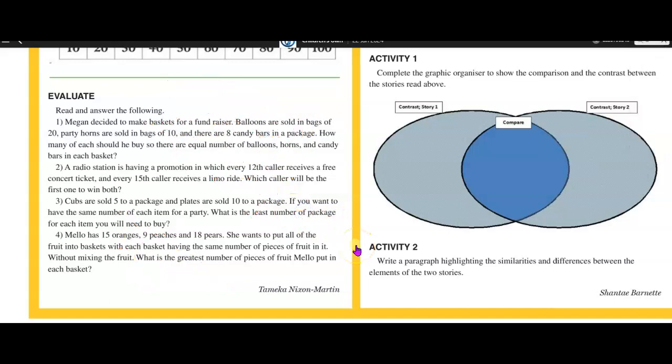All right, let's see what that would look like. So let's see if we're right. Let's say she has 15 for the oranges, 9 for the peaches, and 18 for the pears. 8 and 9 would be 17. Okay. 17 and 5 would be 22. 2 carry 2. 2 and 1, 3 and 1, 42.